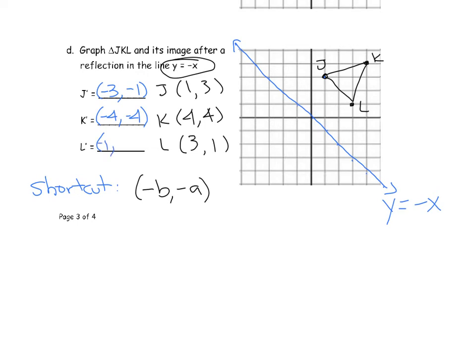So it would be negative 1, negative 3. And then from here, it makes my life a lot easier to plot the points. That's where J prime is. That's where K prime would be. And that is where L prime would be.